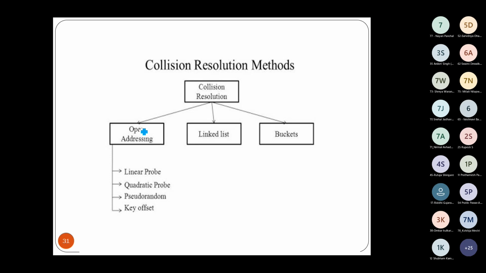In that case, you can go for linear probing. Again, linear probing has two variants. One is with replacement and one is without replacement. Right? Is anyone having any problem?